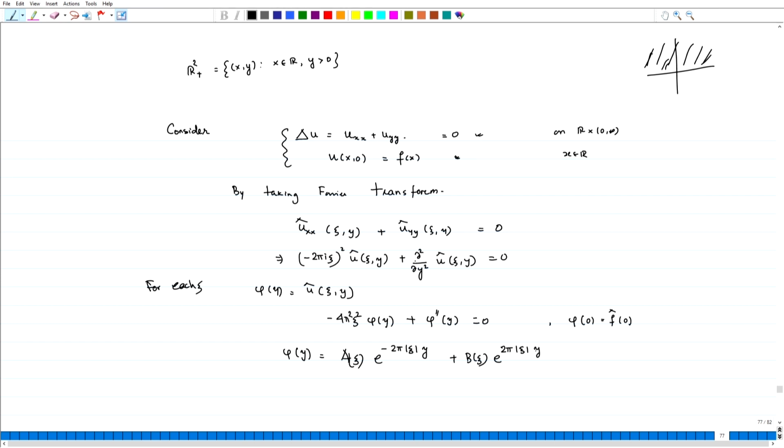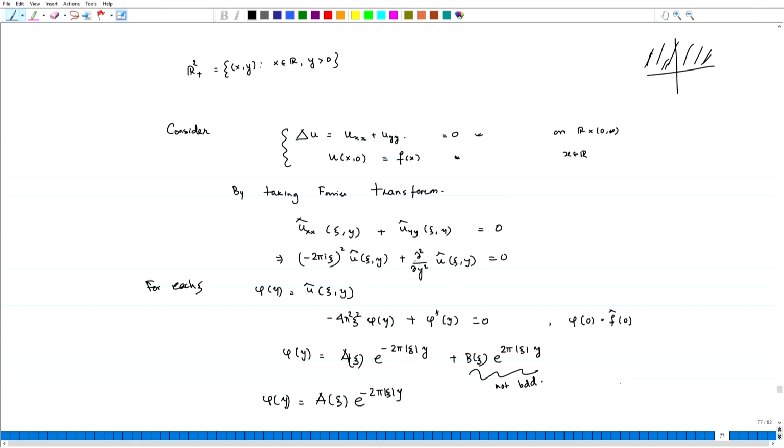Remember that y is positive and the kind of solution we are looking for is a bounded solution, and this is not bounded. So, therefore, we can ignore this. We can take b(xi) to be 0, so phi of y is a(xi) e to the power minus 2 pi mod xi y.